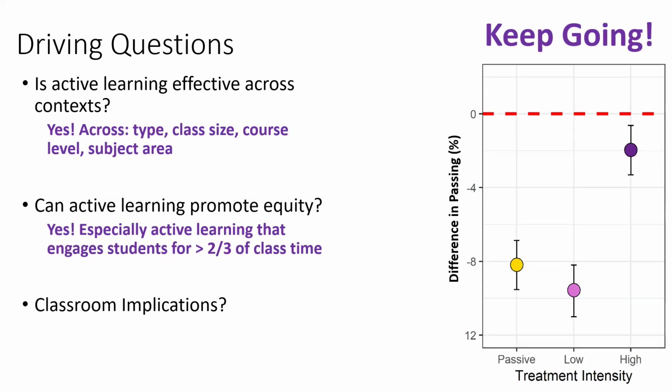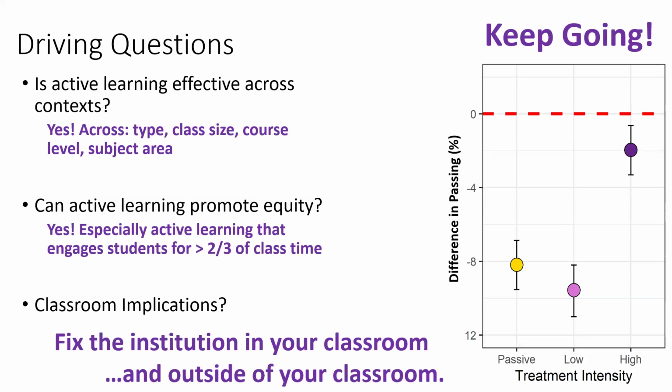Instead, slowly change your course and keep going until you get to high intensity, with small changes or some slightly larger changes along the way. And then of course, you're fixing the institution in your classroom, but don't stop there. We need to fix the institution outside of our classroom as well.